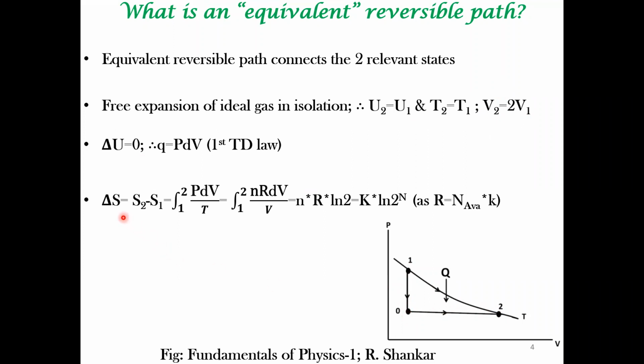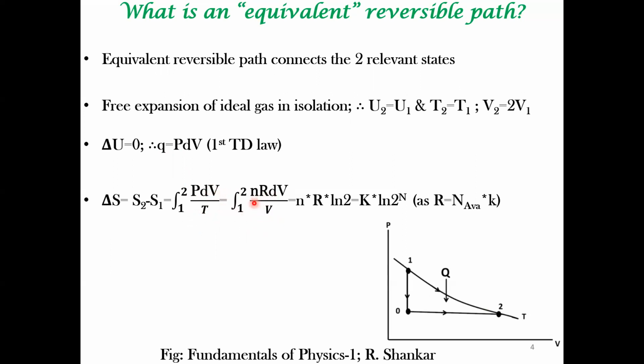To calculate entropy change, S2 minus S1, we used the formula Q by T under reversible condition, and we substitute P dV for Q. This just follows from the ideal gas law, so we substitute the ideal gas law into this expression for P. We get P equals nRT by V. This T gets cancelled.